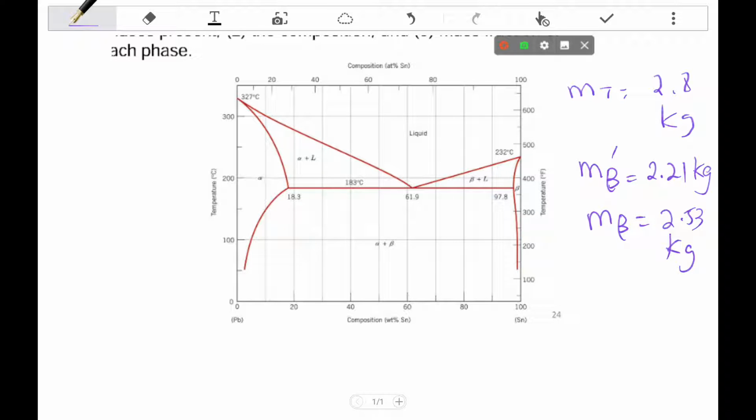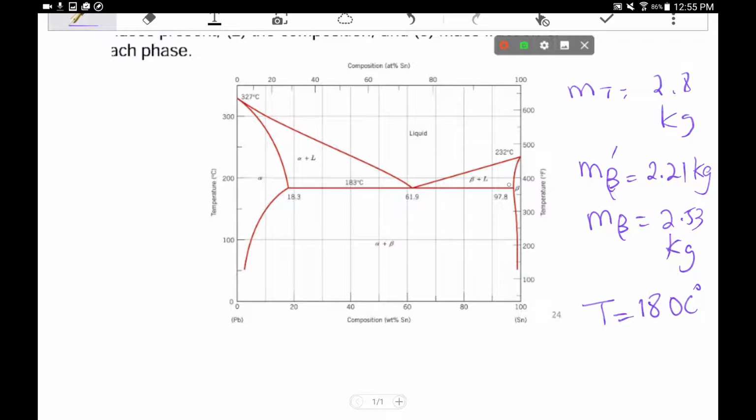So let's look at it this way. It's asking for beta at a temperature of 180.